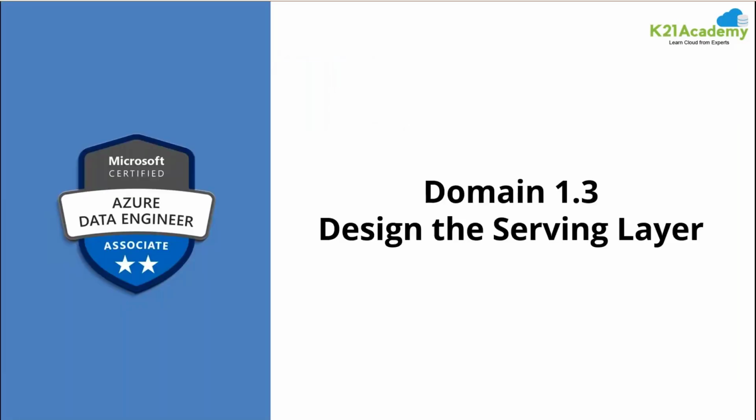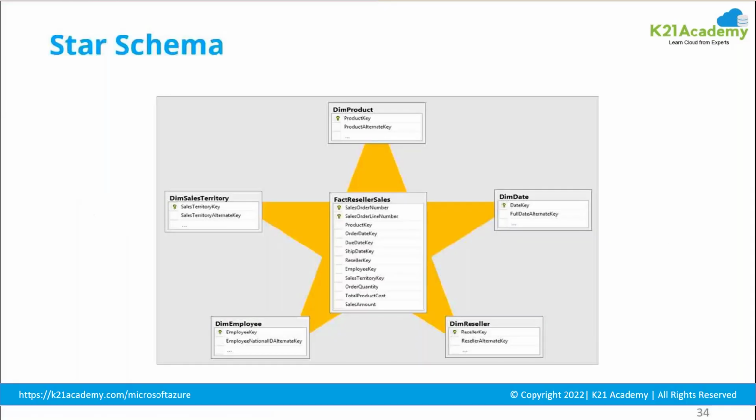Now let us quickly come to designing the serving layer, and let us quickly finish this. When you design your data warehouse for serving, you can go with a star schema, where you have a central fact table, and all the dimensions refer to the fact table through a foreign key. That is referential integrity.